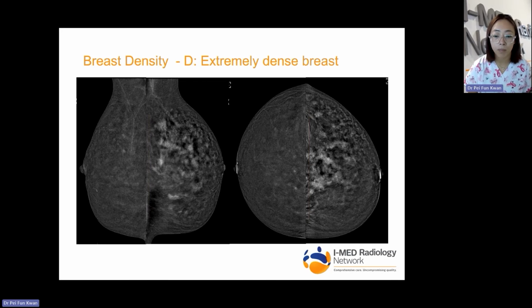Complementary screening breast ultrasound certainly helps with increased detection rate. But with this type of patient with extremely dense breast tissue and family history of breast cancer, you could consider contrast enhanced mammogram or MRI breast for a significant increased breast cancer detection rate.